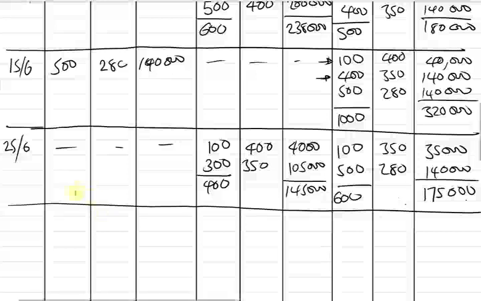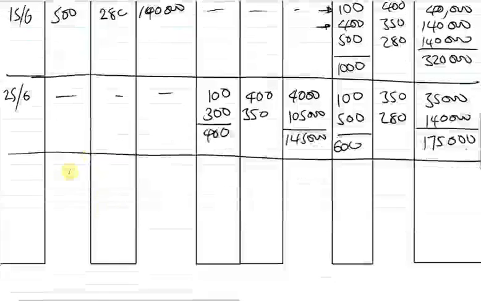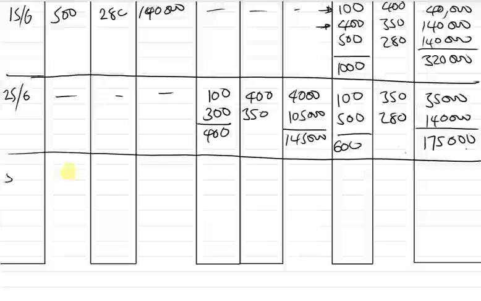So the treatment of a stock loss is a difference of 500 and 600, which is 100. That one should be treated in the schedule as an issue. So it will be on 30 June. We'll treat that as an issue, right? So we'll say that 100 has been issued. So we're going to say 100, right? Because it's first in, first out, that means we value it at 350, right?